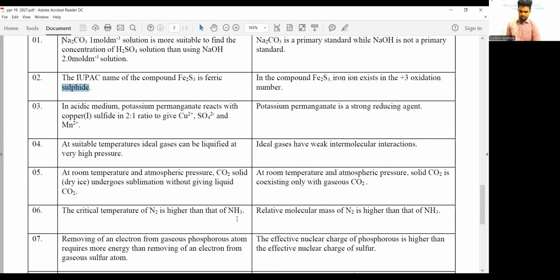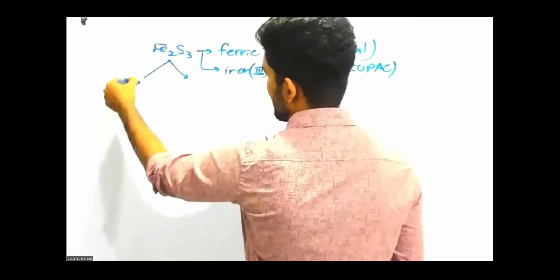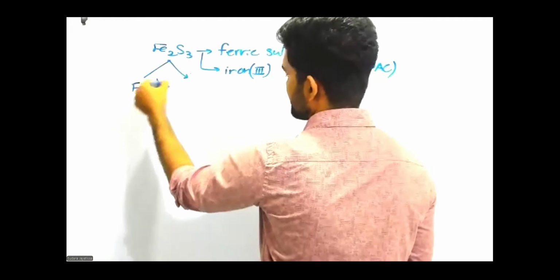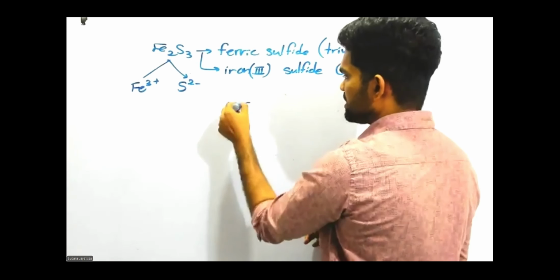And then look at the next point. In the compound Fe2S3, iron exists in the +3 oxidation state. It is true. If I explain a little bit more about the compound, this one is composed of Fe3+ and S2-. It is just similar to Al2O3 you learned in O levels.